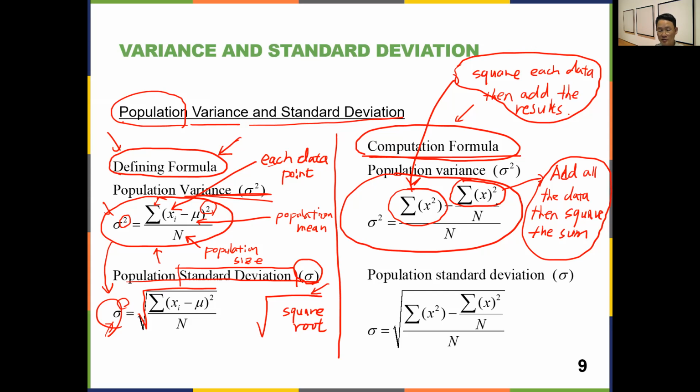So in this first part, you square first, then add. In this one, you add first, then square. And of course, after you add them up, you divide that by n. Again, what's n? That's the population size. And then from the first part, you subtract the second part and then divide everything by n again. That's the population variance and standard deviation, and these are computation formulas.